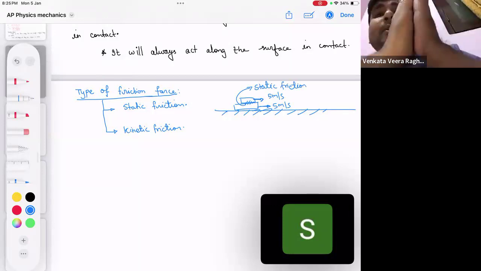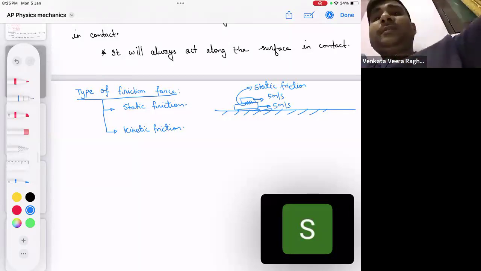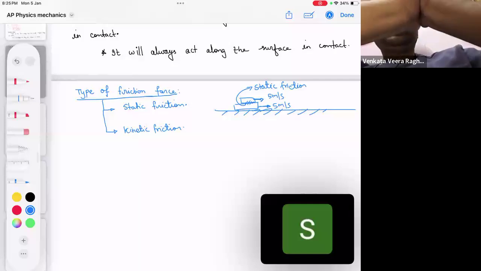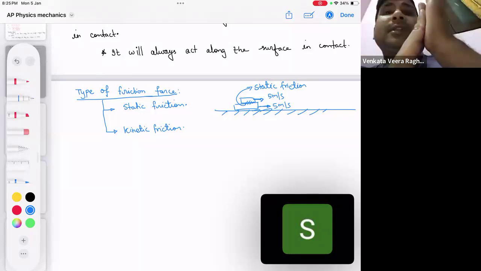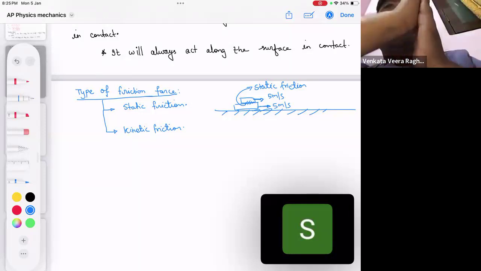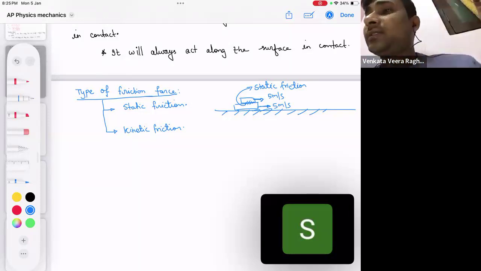Just imagine these two palms are here, right? Both are moving together, na? Yes, there is a friction acting between them. But what kind of friction is that? Static. But if I show you like this, can you tell me now? One palm is sliding over the other. So what kind of friction is there?